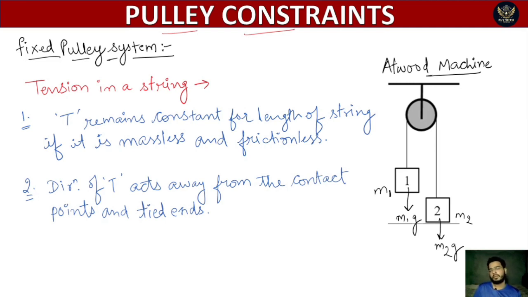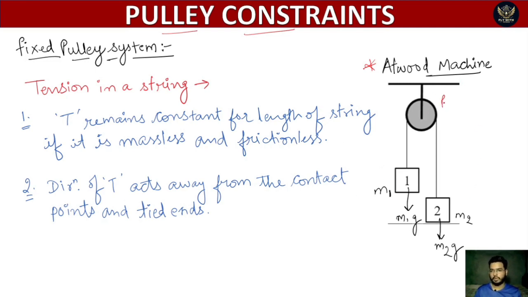In the very first basic case, we will start with the Atwood machine. What do we mean by an Atwood machine? First of all, I will describe it here. The Atwood machine is an assembly of this system, in which there is one pulley.